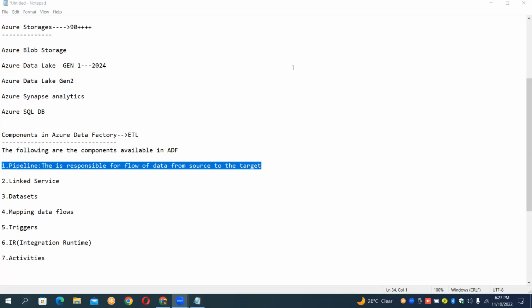Guys, what do you understand by the word pipeline? If I use the word pipeline, what is the first thing that comes into your mind? I want everyone to reply. What do you mean by a pipeline? Tell me, Lavanya, do you want to say?